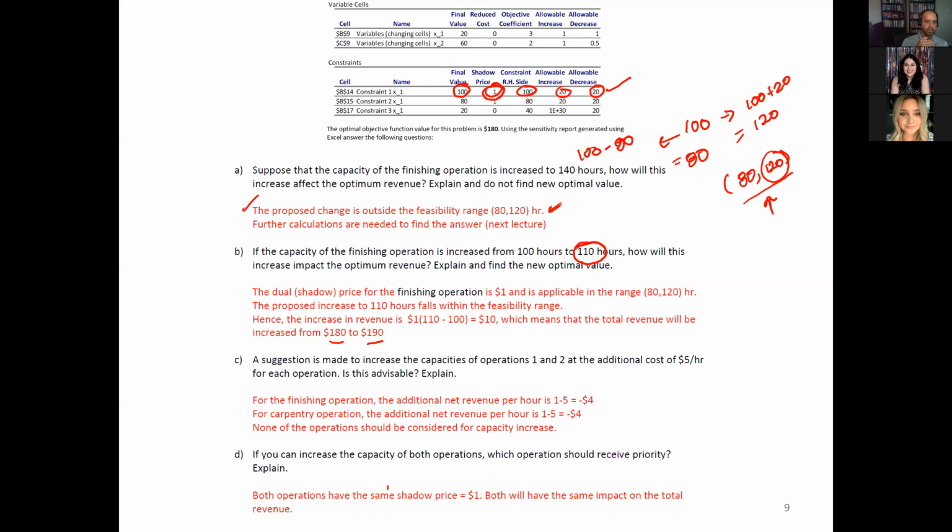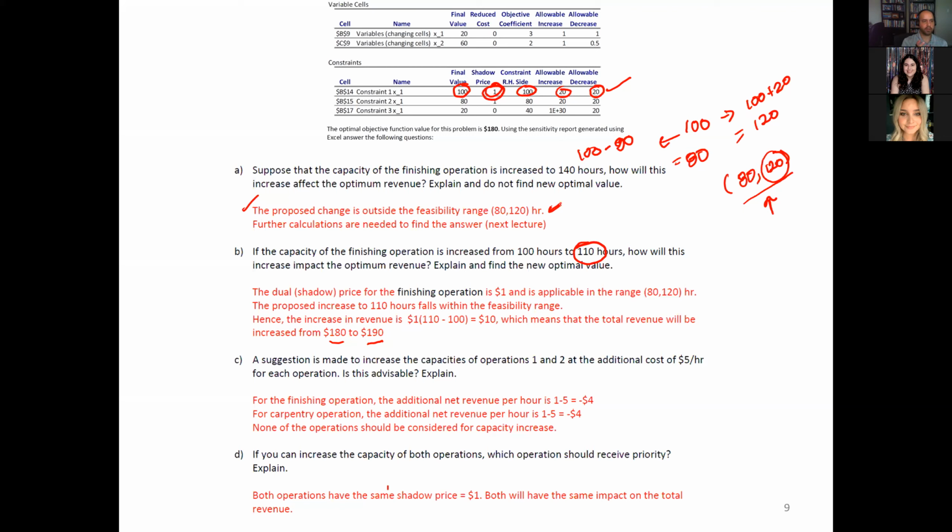We will need further calculations that we don't have those concepts covered in class yet. You can state something like that. But the idea with this question is that you can identify whether or not you can provide insight by looking at the feasibility range. Does that make sense? Yes, thank you. Okay, thank you for your question.